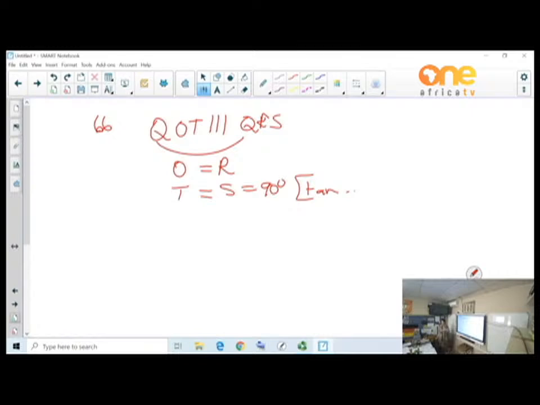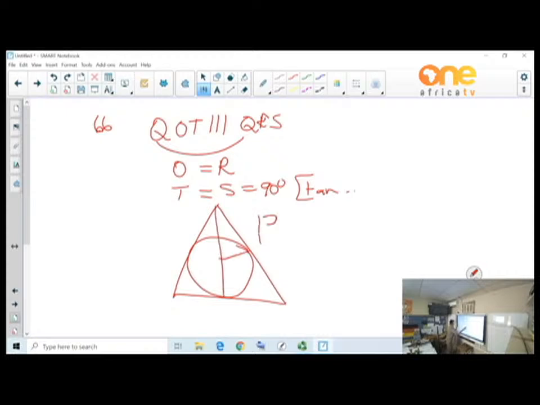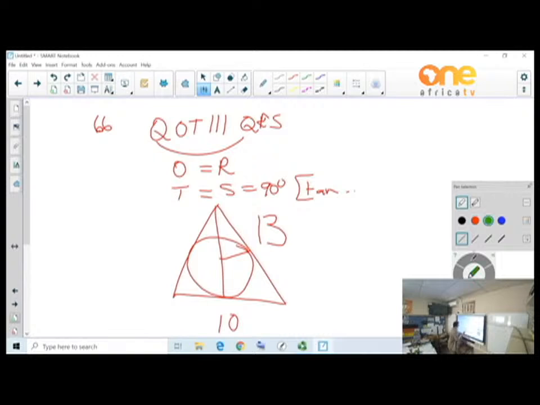Now, hence means I need to use similarity. Okay, but let's first look at this picture. What is equal to what? There's a circle inside. I hope you can remember what we did because we did this question. So this one is 13. This one is 10. So this one can be 5 because this is the midpoint. Now, what is the length of this one and this one?